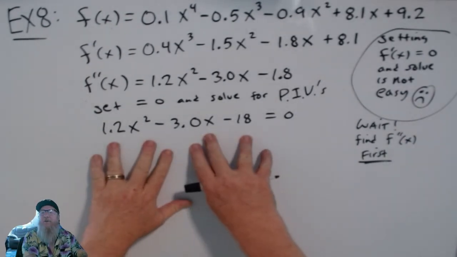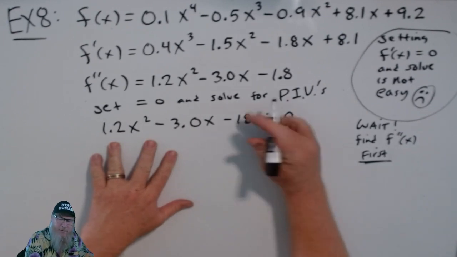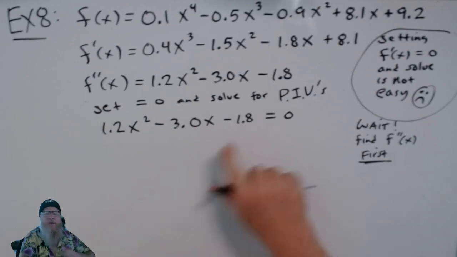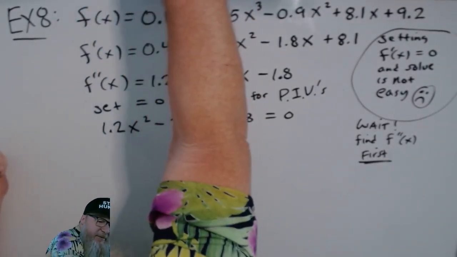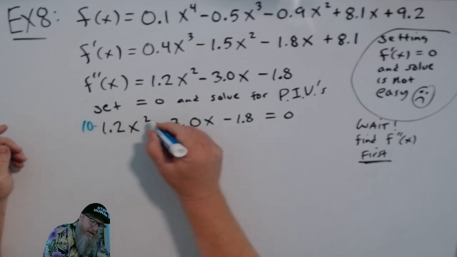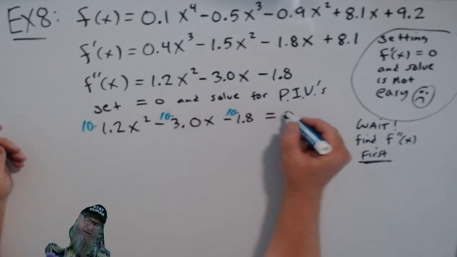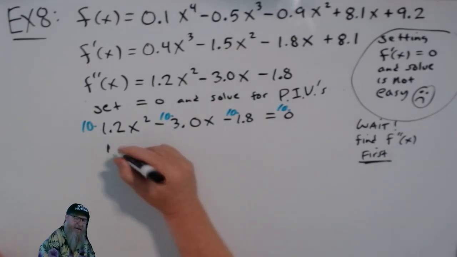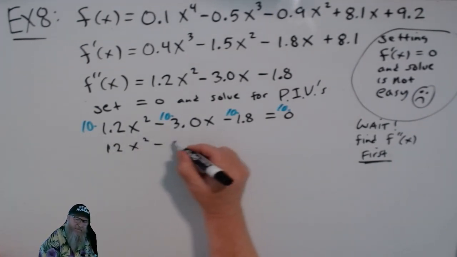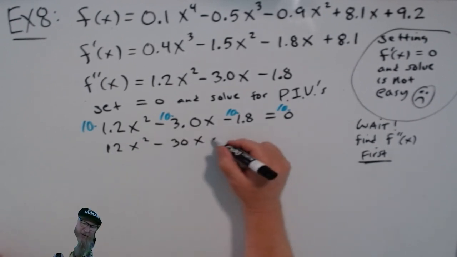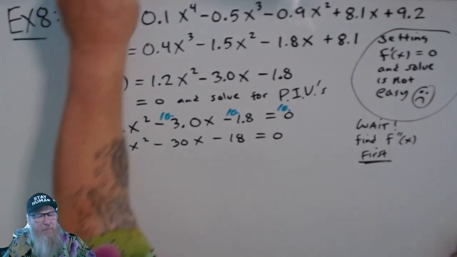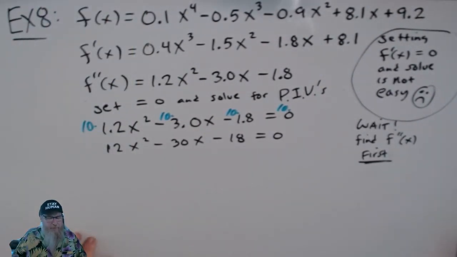So this is a second degree equation. It does have decimals. Oops, I almost lost one of my decimals, 1.8. So what I'm going to do is multiply the whole thing by 10. Multiply all the terms by 10, and now I don't have the decimals anymore. Now, if you want to leave them as decimals and try to solve it that way, you certainly can. It's not going to be that complicated, but it would be okay to leave them as decimals if you like.